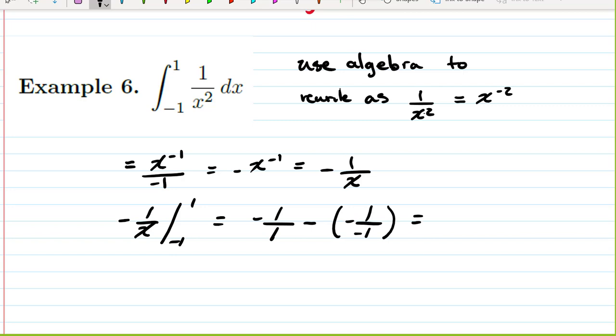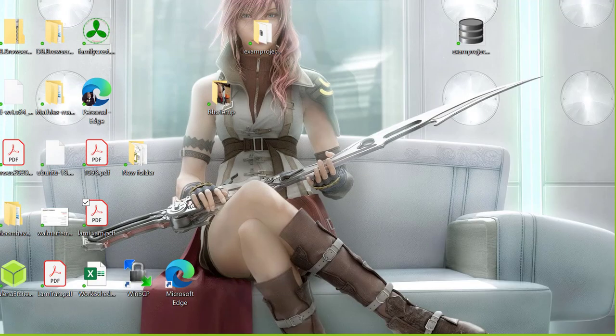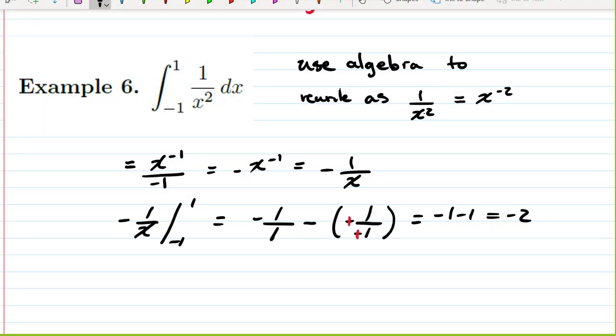So simplifying, that's a lot of minus signs. Minus minus becomes a plus. And we have -1 minus -1 is -2. And as I noted before, that should really bother us, because that would tell us that the area underneath the curve is negative. But it can't be the case, because we know that function is never negative.